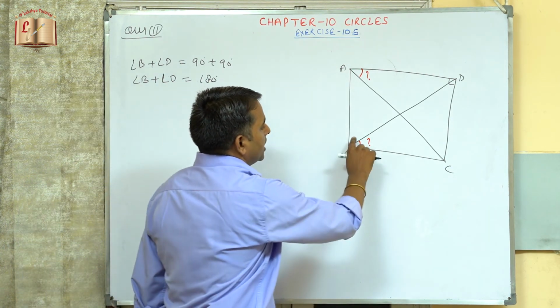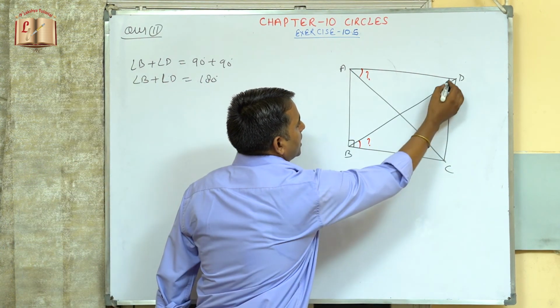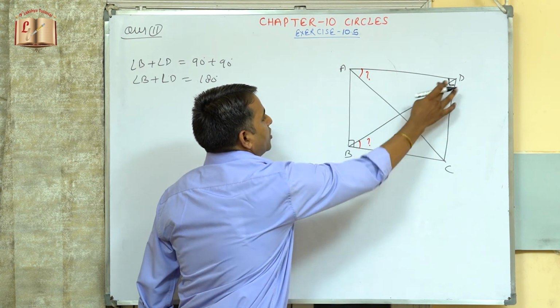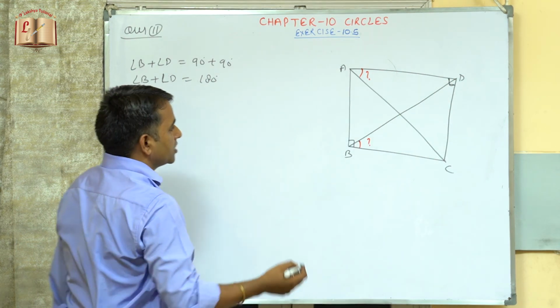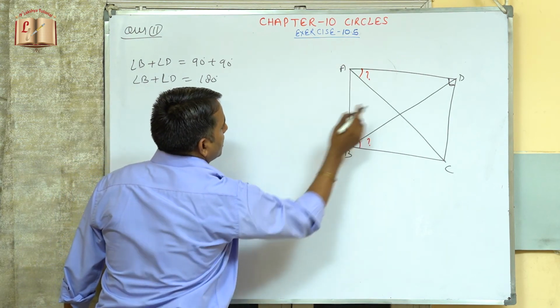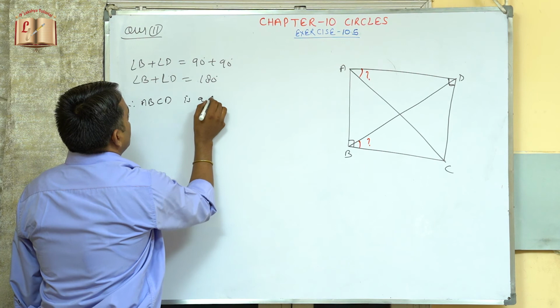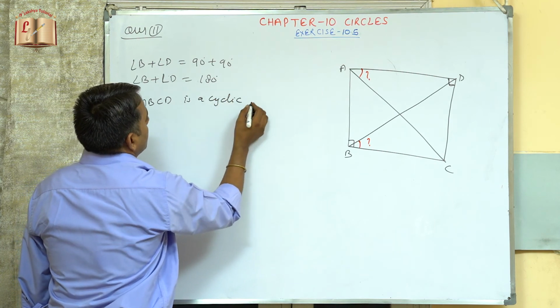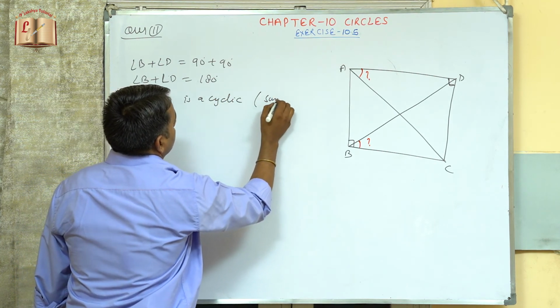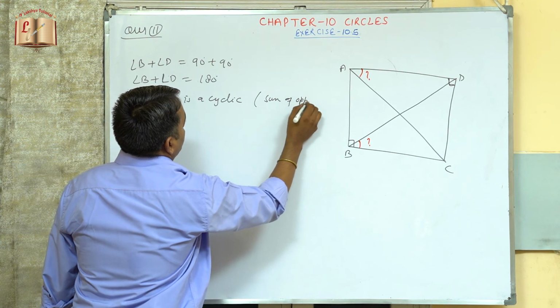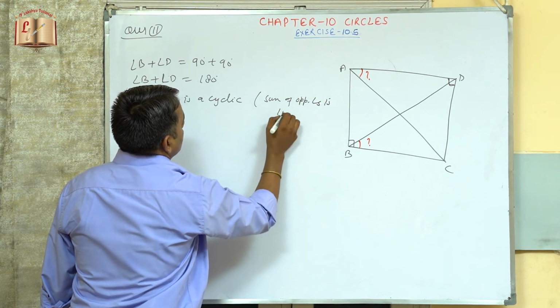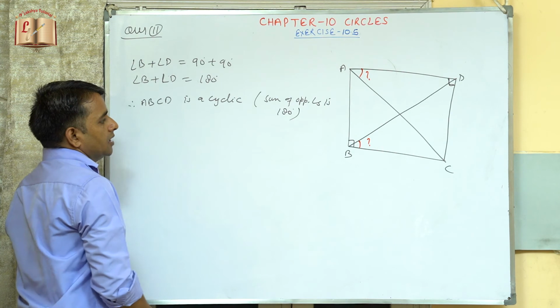It is given that these are right angle triangles. So the sum of these two angles will be 180 degrees. So the sum of opposite angles is 180 degrees. Therefore ABCD is cyclic, because the sum of opposite angles is 180 degrees.